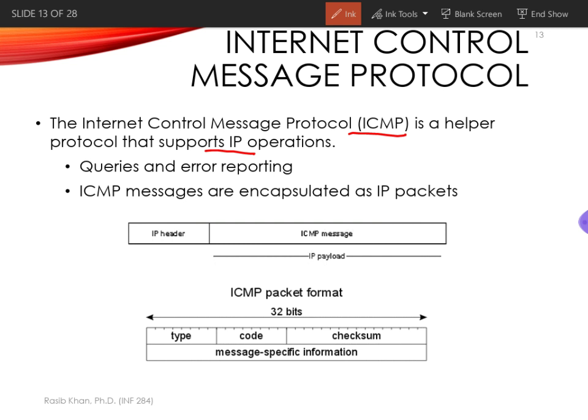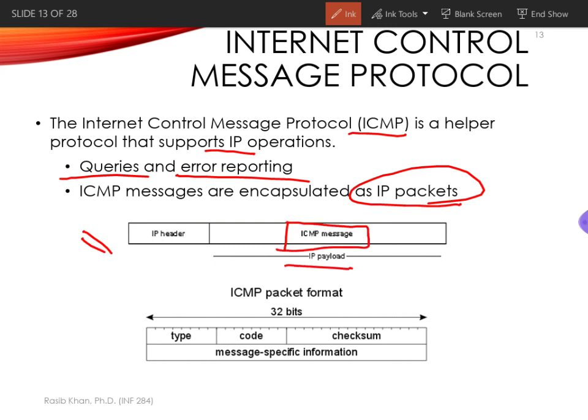The basic format is in the form of queries or in the form of error reporting. ICMP messages are encapsulated as IP packets, and if you look at the layout, the ICMP message is laid out as the payload of an IP packet.